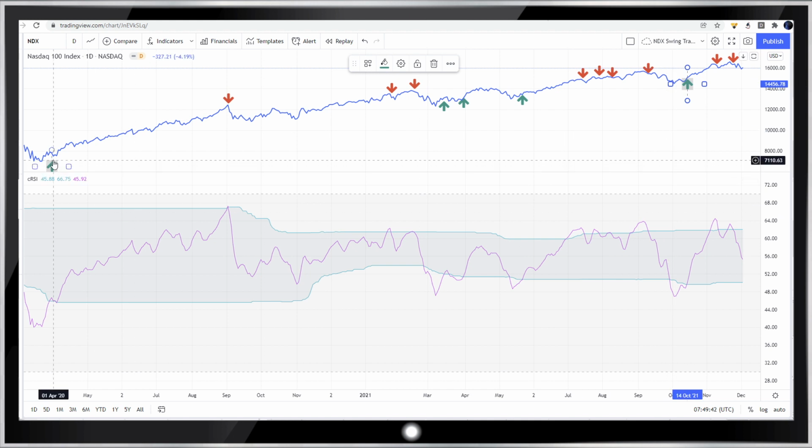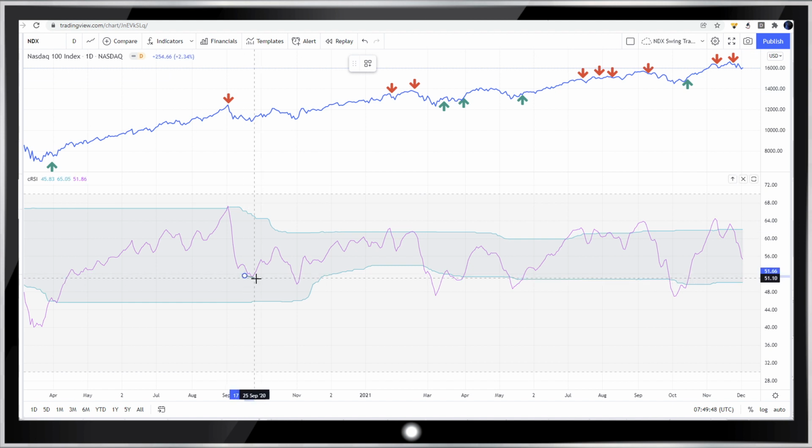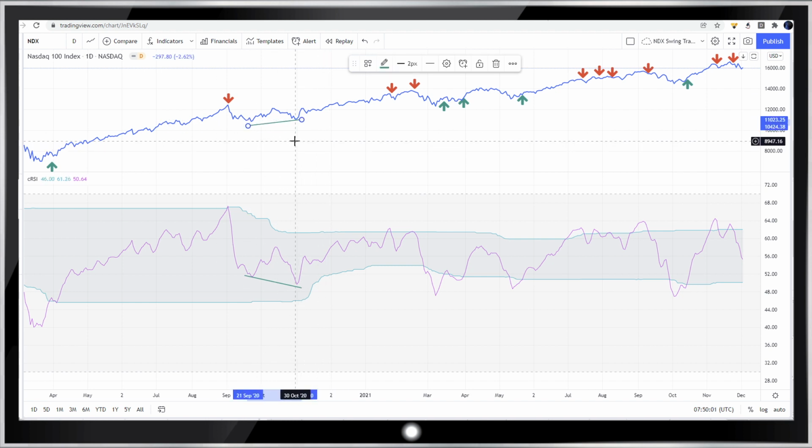And just to add, we have a strong divergence, which is seen here from here, and also seen here, right? So you see the divergence between the indicator and the price.